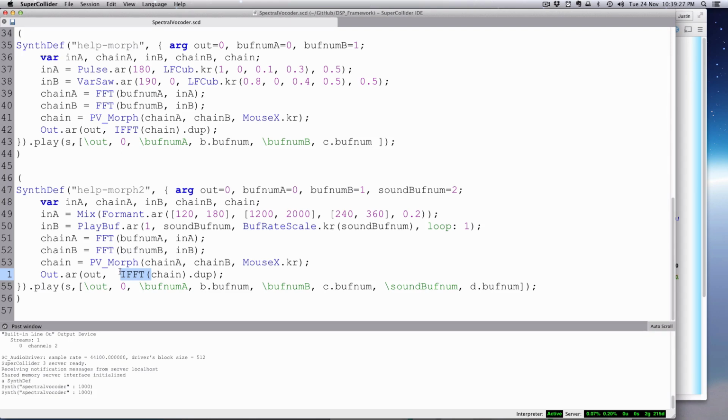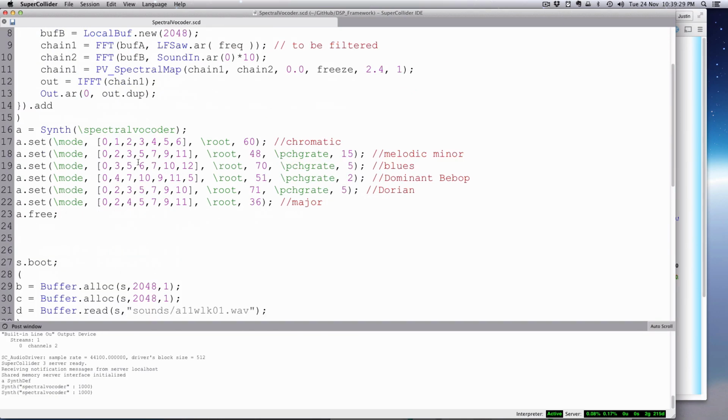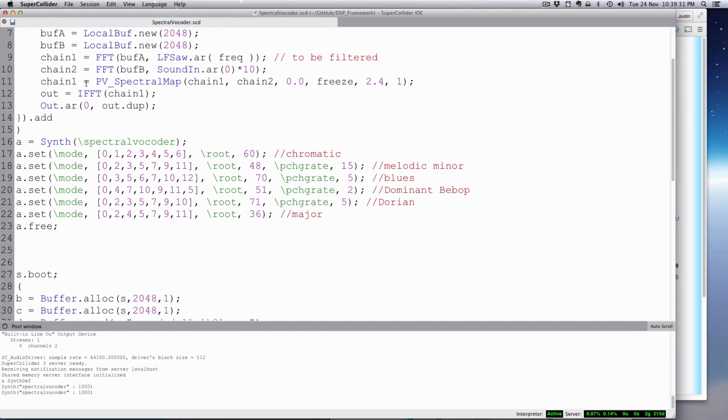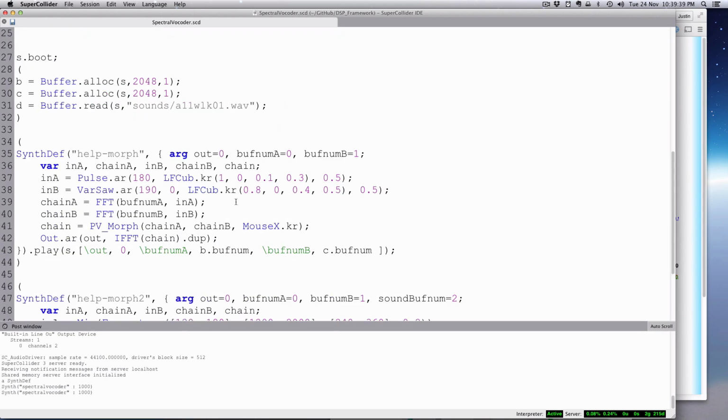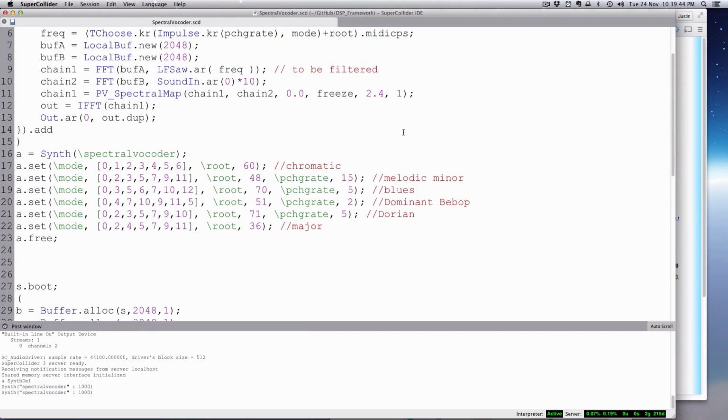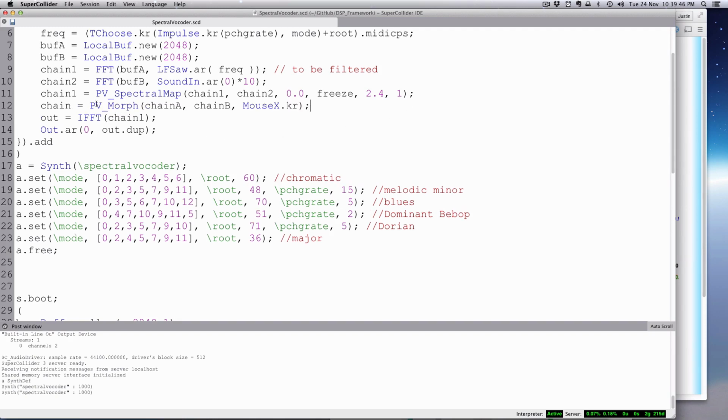So, in fact, if I wanted to do morph and spectral map, I would do things in the frequency domain. I would FFT these, do a spectral map, and then these are still in the frequency domain. I can do a spectral morph after that. So I would take chain one in, which has been mapped, and then maybe another FFT object.